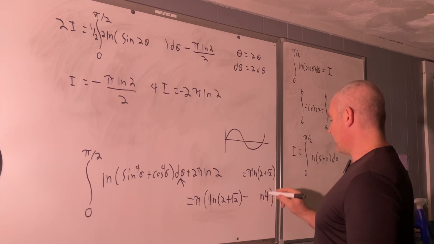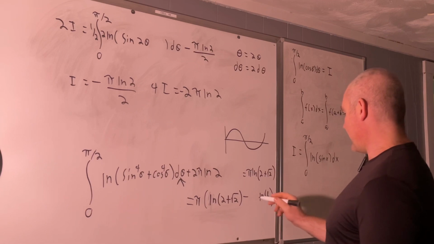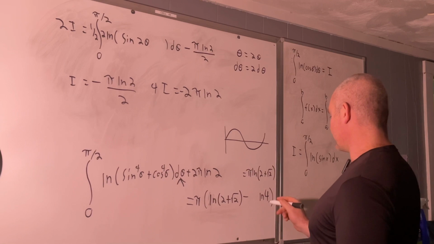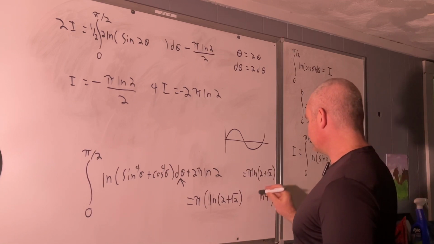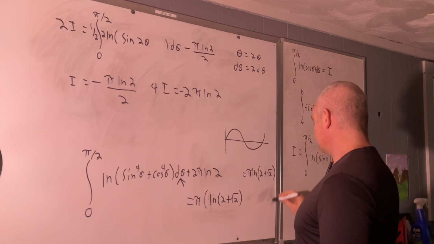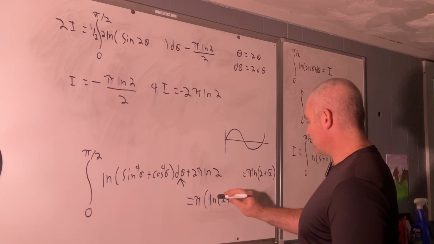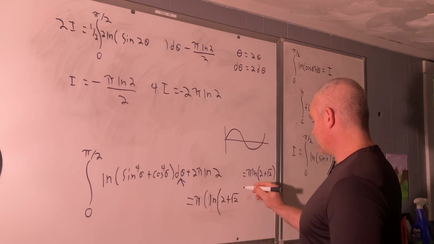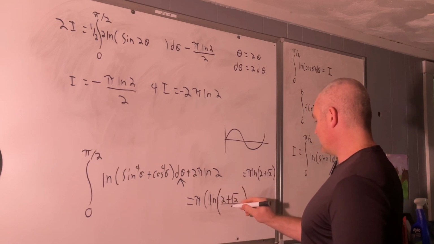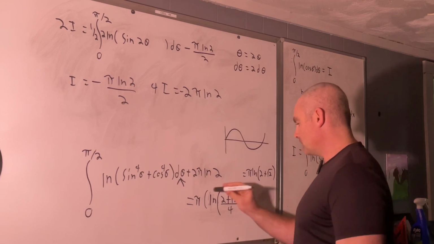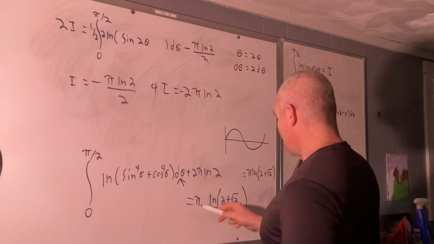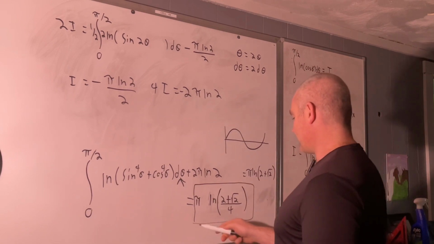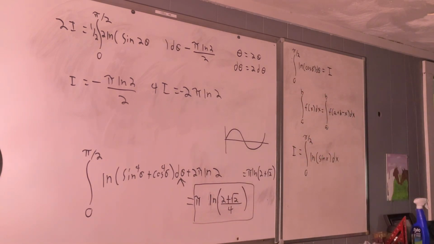So that way, we can just go ahead and make this pi natural log of 2 plus the square root of 2 over 4. All right, and that's it. That is the answer. Well, guys, I hope you enjoyed that.